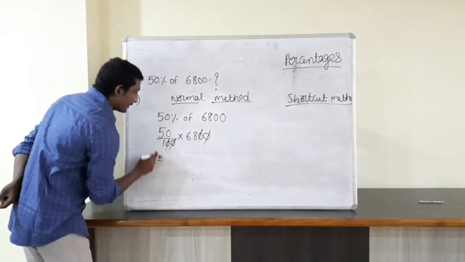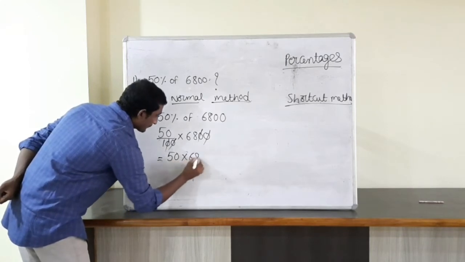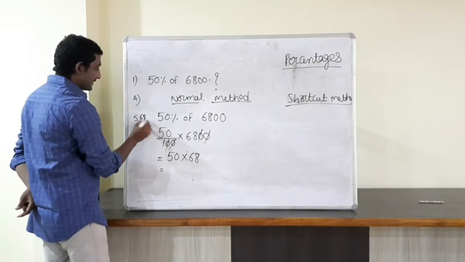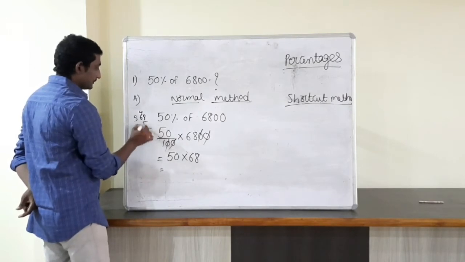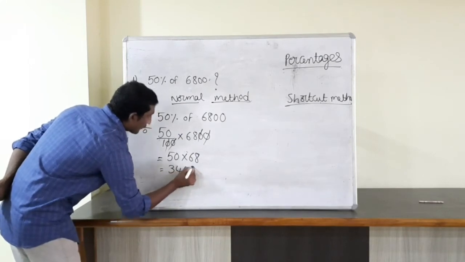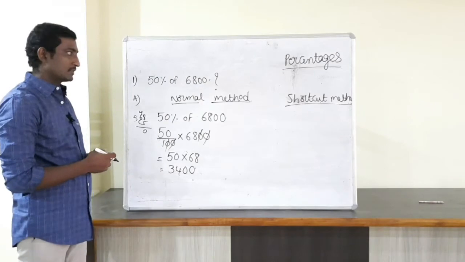What is the remaining term? 50 into 68, which is 3,400. So this is the normal method.